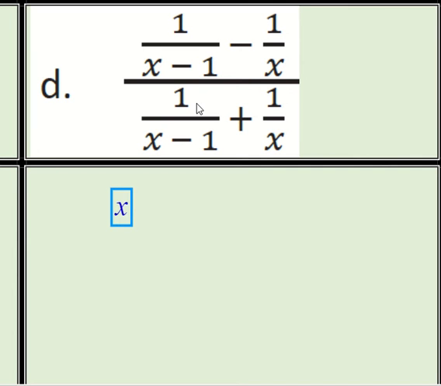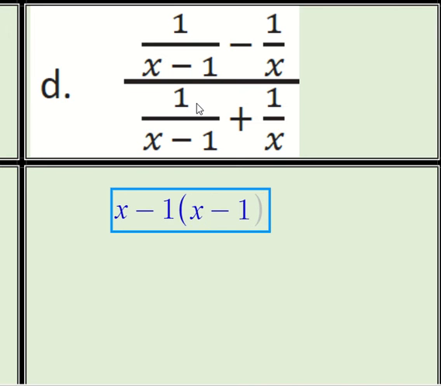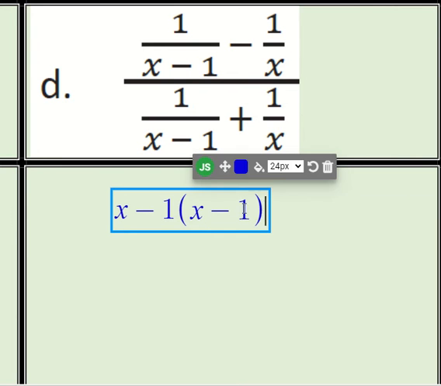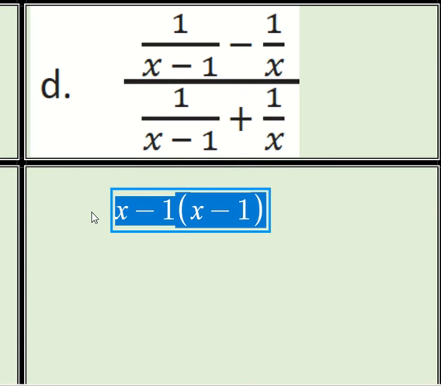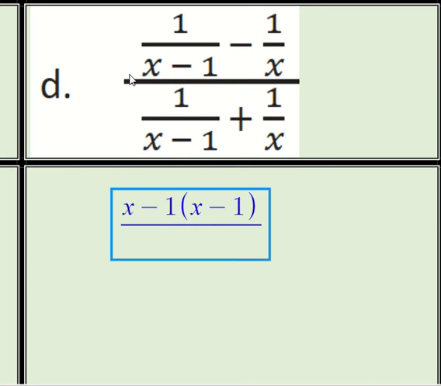So I'm going to write that as a product: minus 1 times x minus 1. So that's my numerator. My denominator is x times x minus 1. So I'll write that as a product: x times x minus 1. So that's everything on the top.